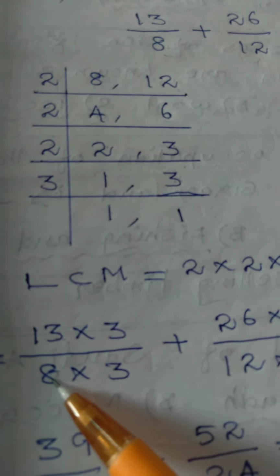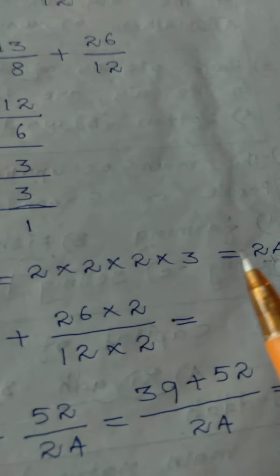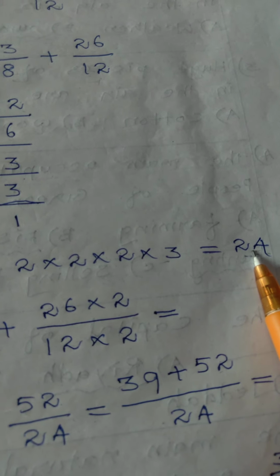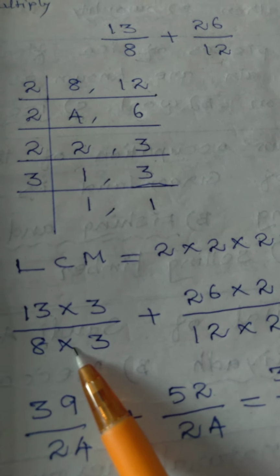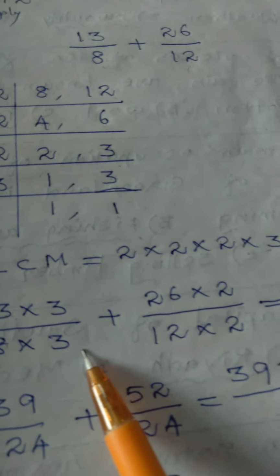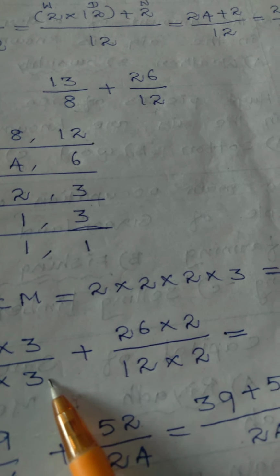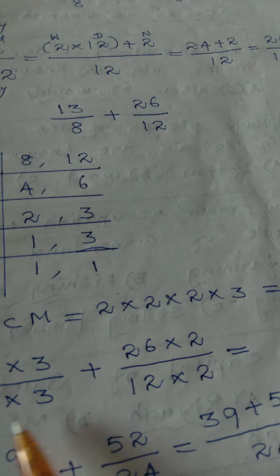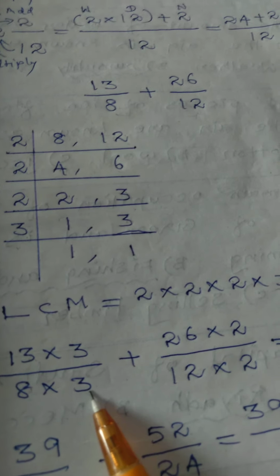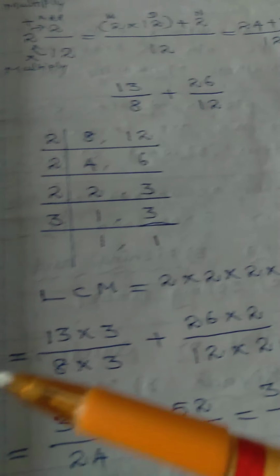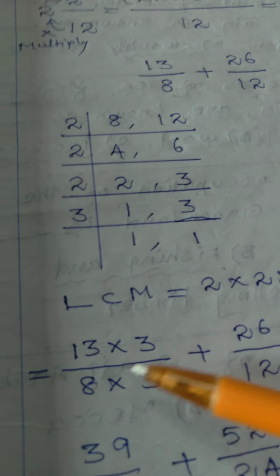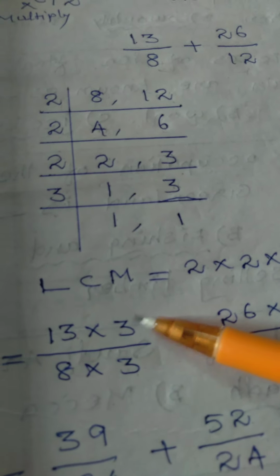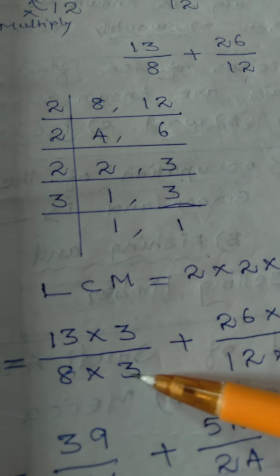How many times is this denominator 8 in the LCM 24? 8 into what is 24? 8 into 3 is equal to 24, that is 8 3s are 24. So we multiply both numerator and denominator by the same number 3. 13 into 3, 8 into 3.